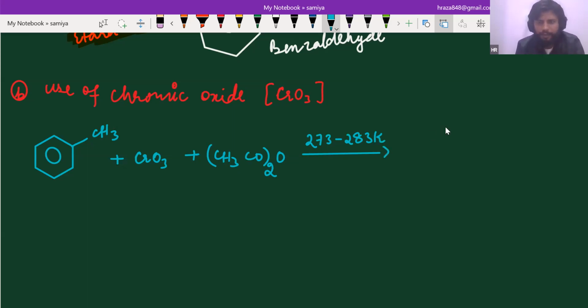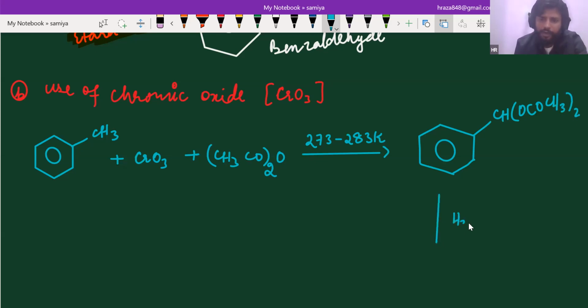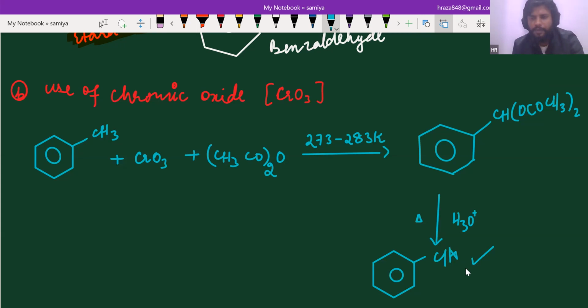Then you will get a complex in the same way that you got in the previous one. But here the complex will be CH and then OCOCH3 whole twice. After this, again hydrolysis will take place and heat, then you will get benzaldehyde. So these reactions are very important.